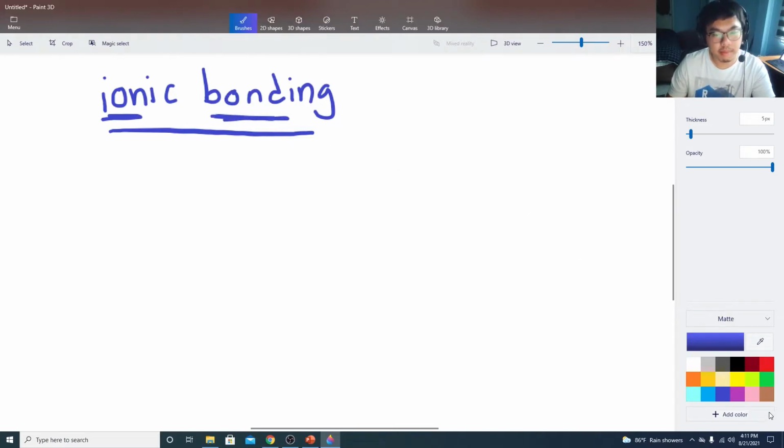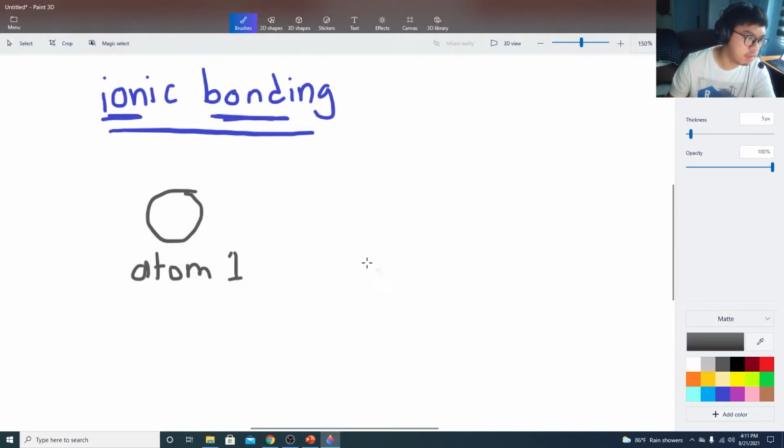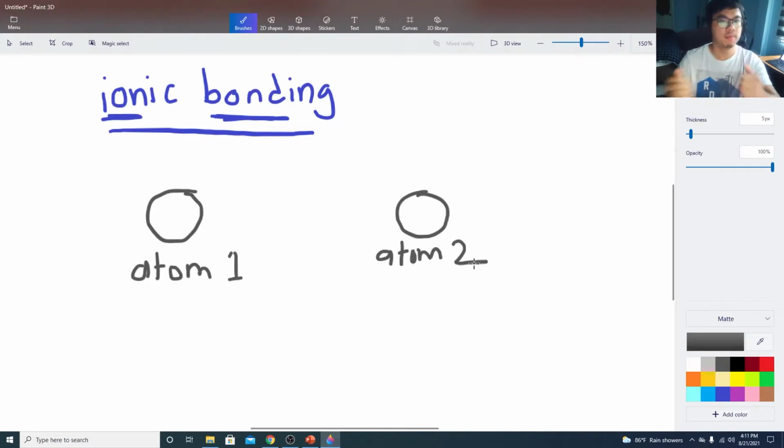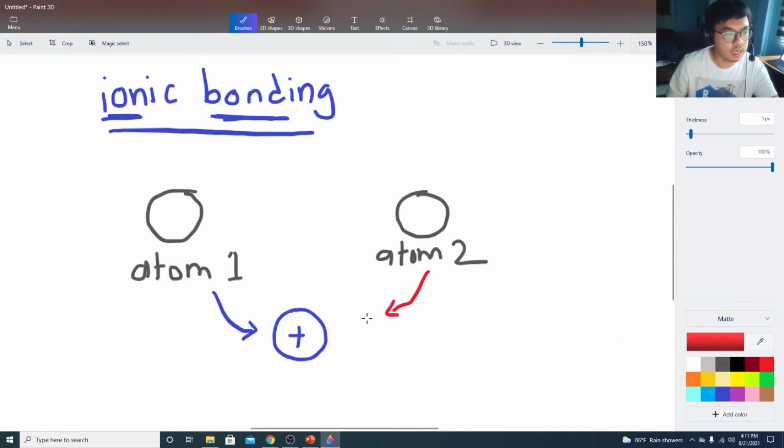So here's what happens. Let's say you have two atoms, atom 1 and atom 2. They want to join together to become a compound. What happens is atom 1 turns into an ion, a positively charged ion, and atom 2 turns into a negatively charged ion.